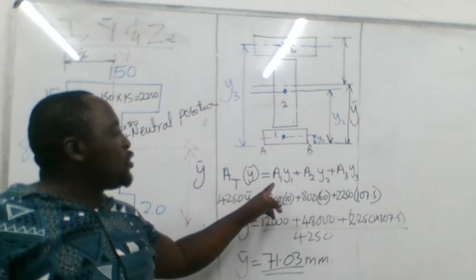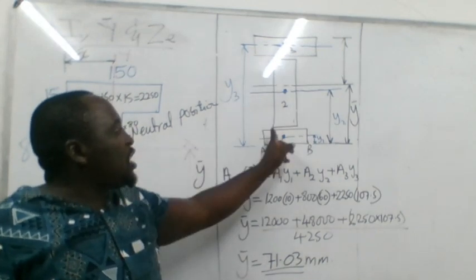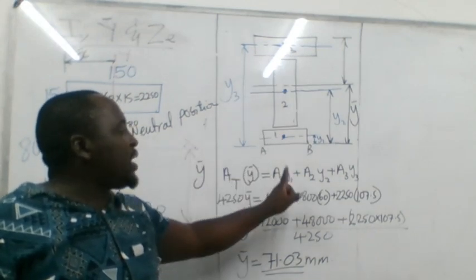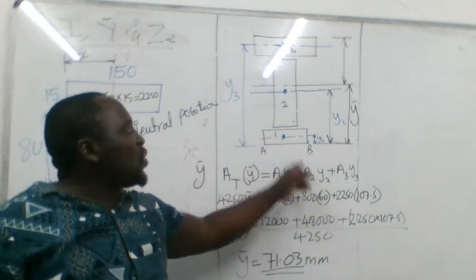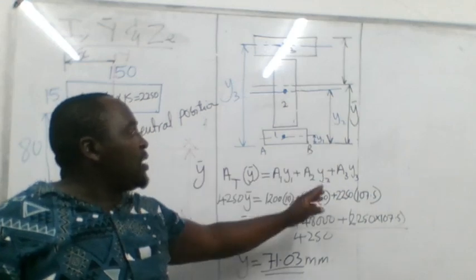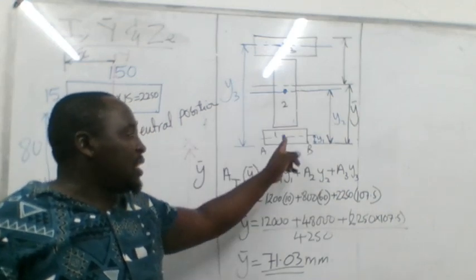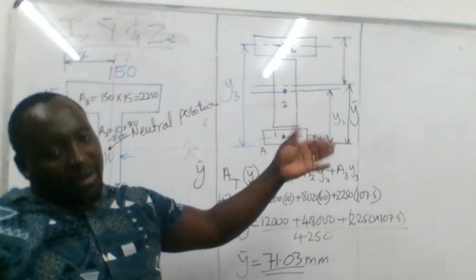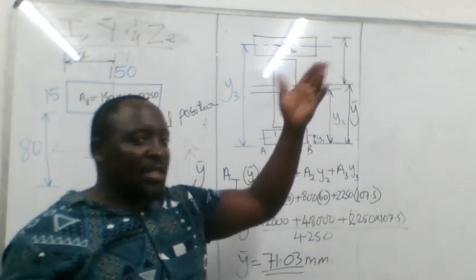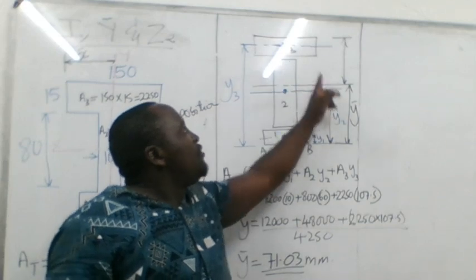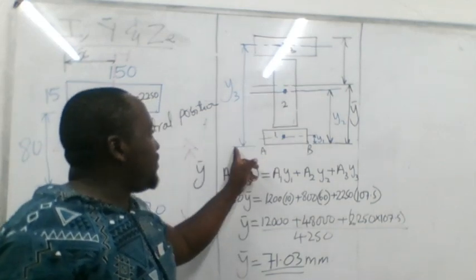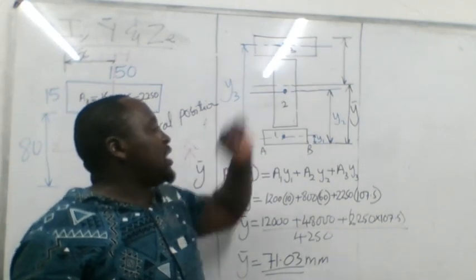Then this must be equal to the area of one strip, the area of this one times the distance from AB, then the area of this one times the distance from AB. You can see from the middle center, the same way. Then the area of this from AB, from the center.